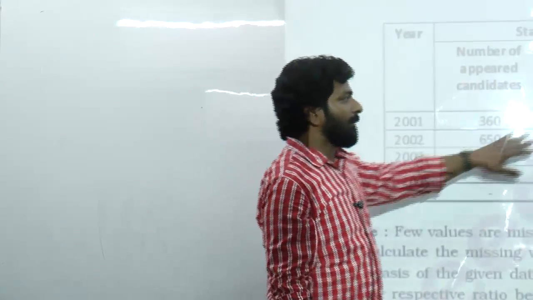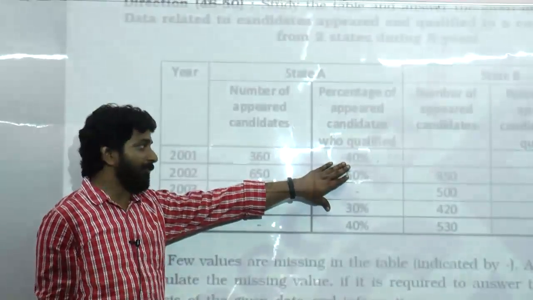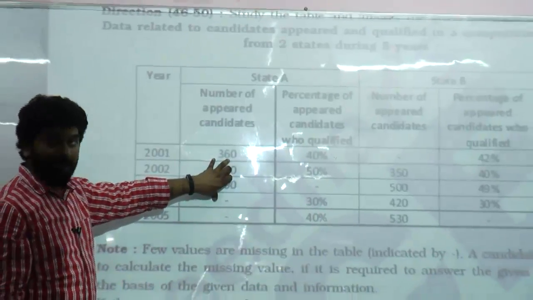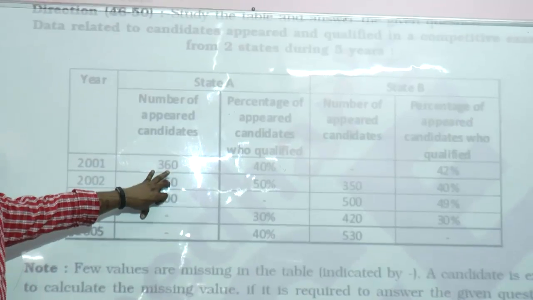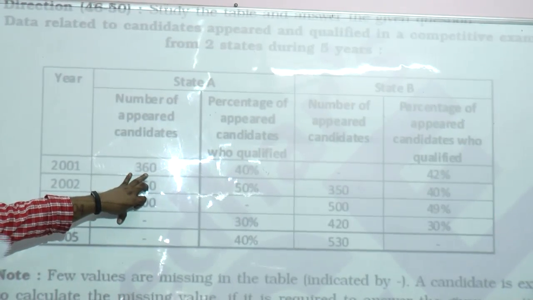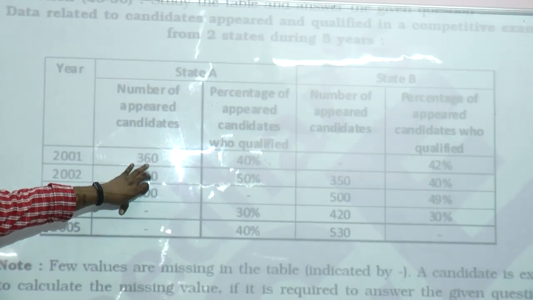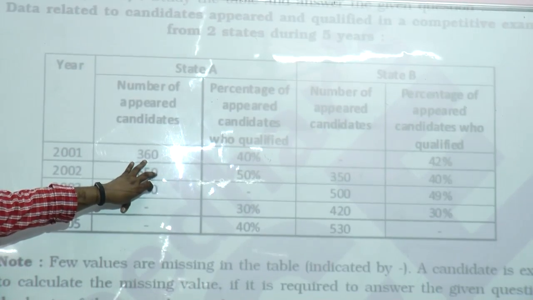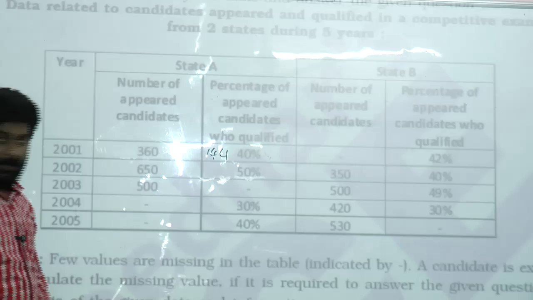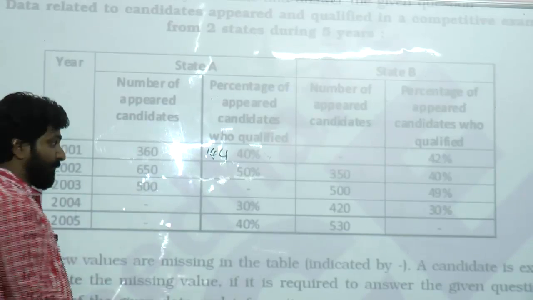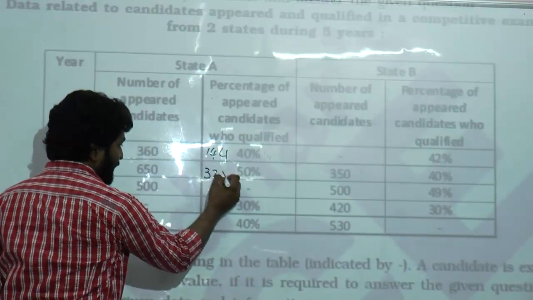In 2001, what percentage of total candidates got qualified? 40%. 10% is 36. How will you get 40%? 10%, double. 10%, 36. Double, 72. Double, right, 144.